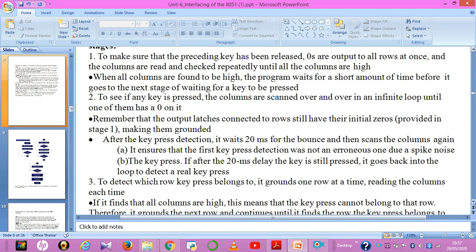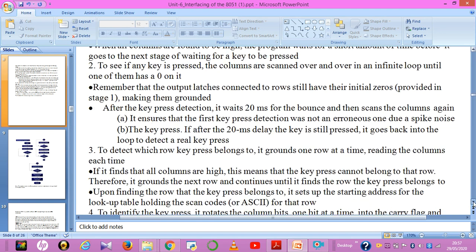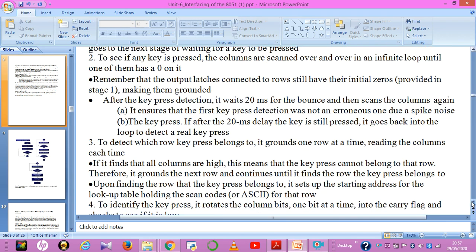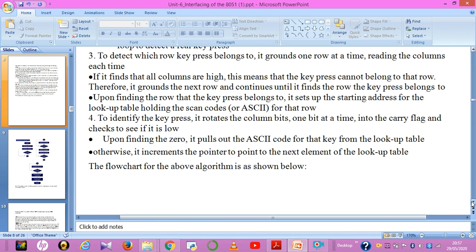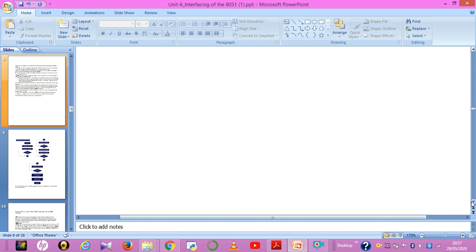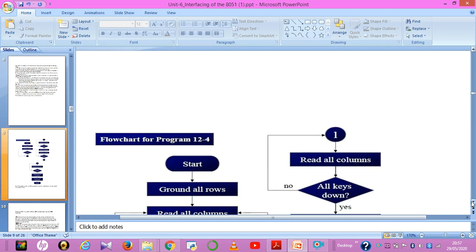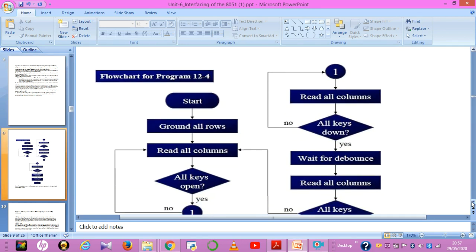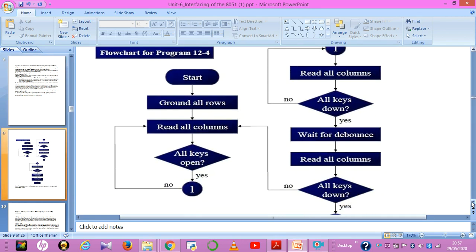Within that time delay, if I don't find any key press detection, it automatically becomes 1. I have given all the steps here. Go through the steps and you will understand how to find the key press in the 4x4 keypad. So this is the algorithm I gave.